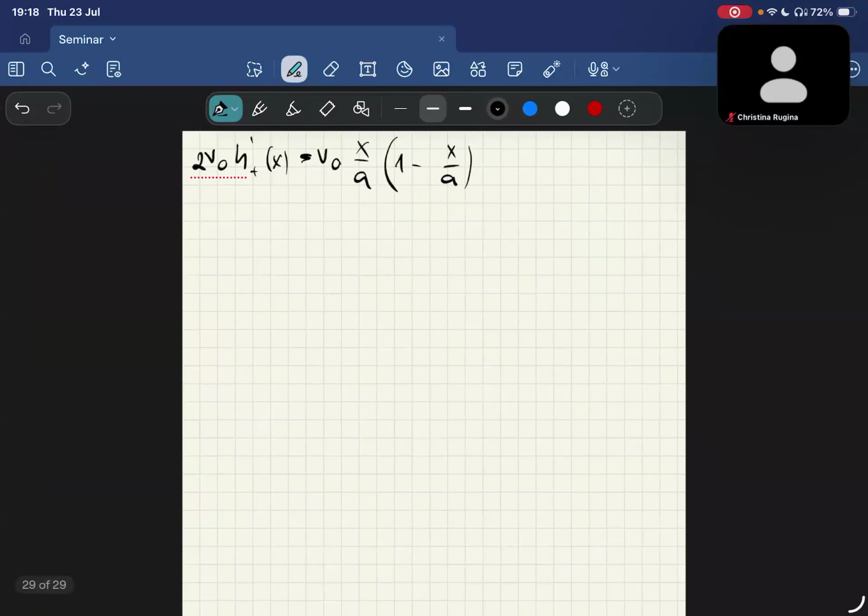And by moving everything to the other side, we get h plus prime of x is equal to x over 2a multiplied by 1 minus x over a.